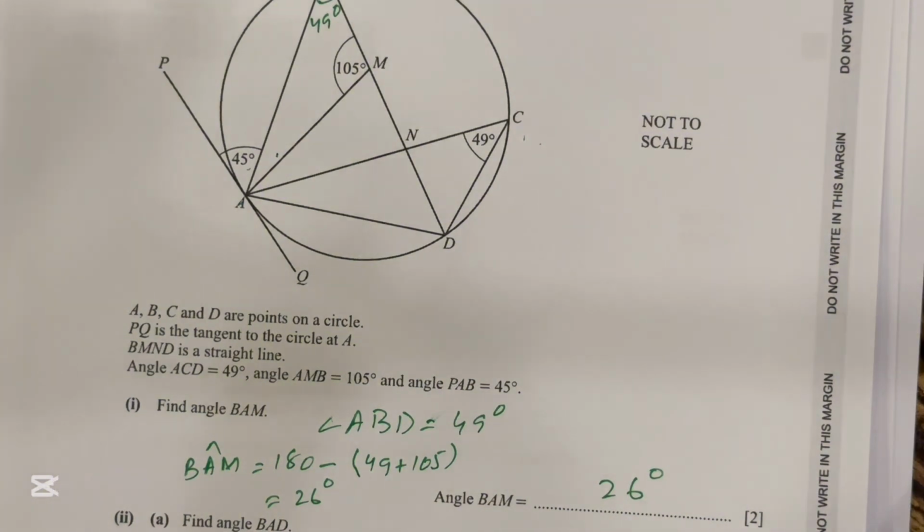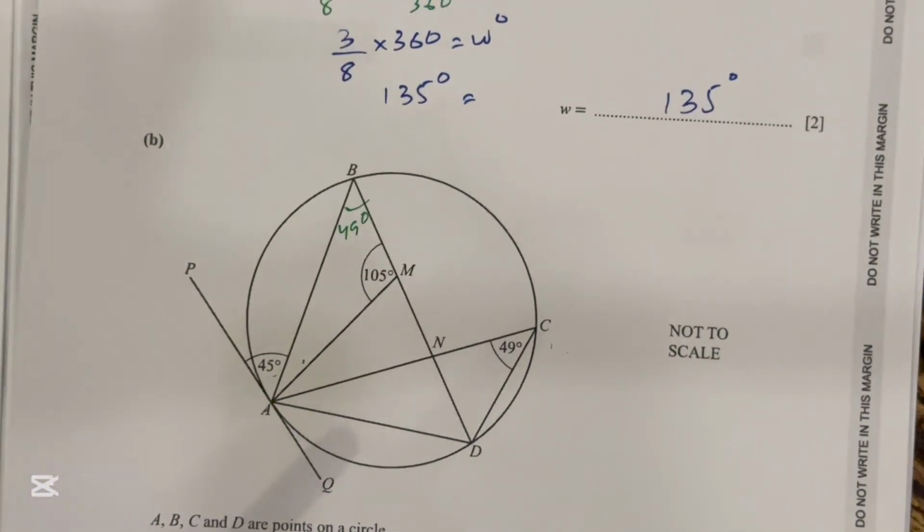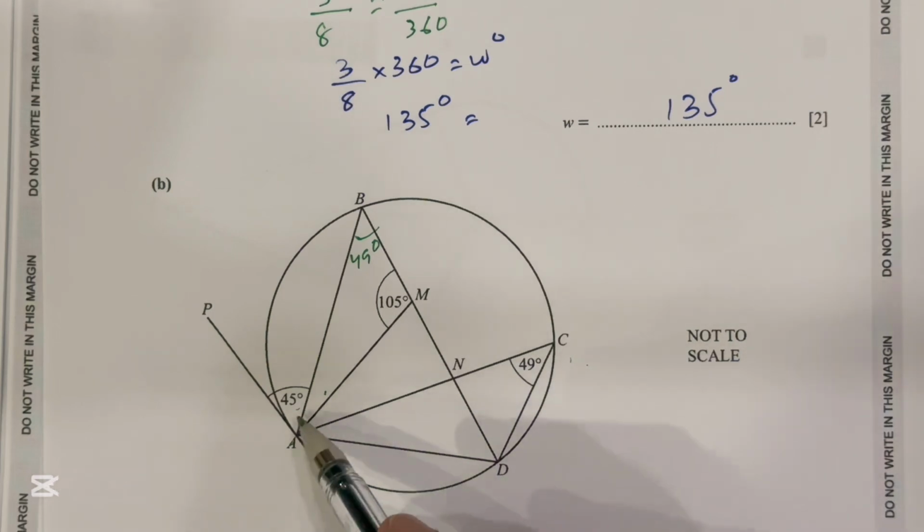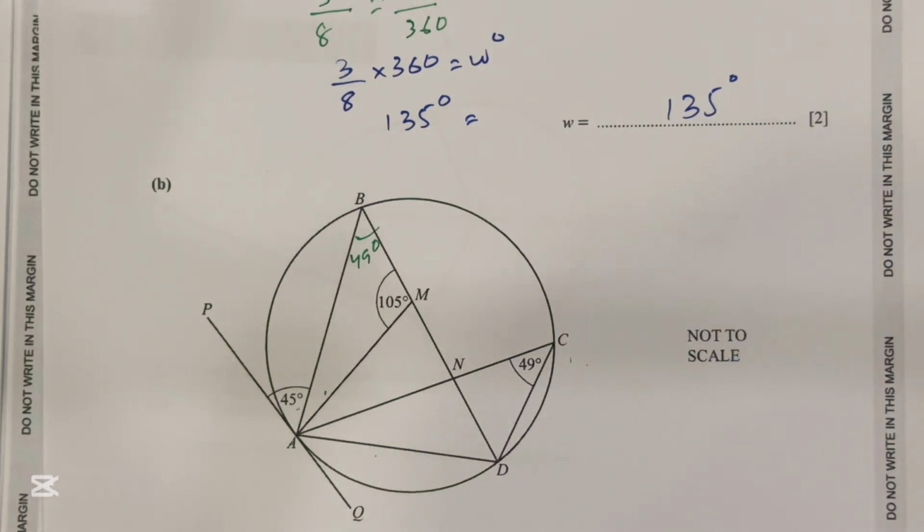Next part is find angle BAD. So you need to find the angle BAD. Now BAD, from the figure you can see that is this angle BAD. This is complete angle of this. Okay.